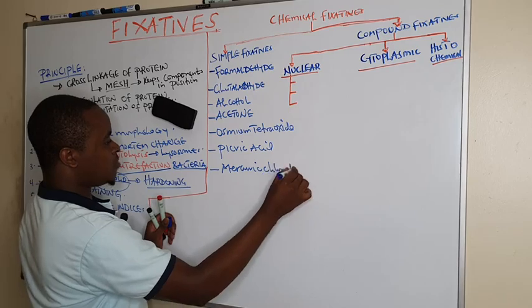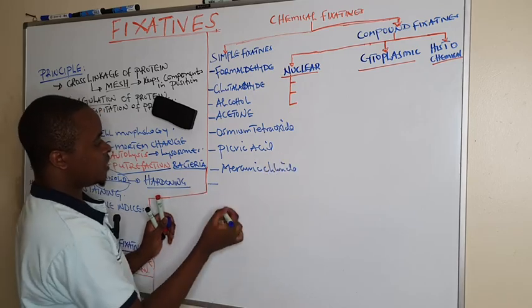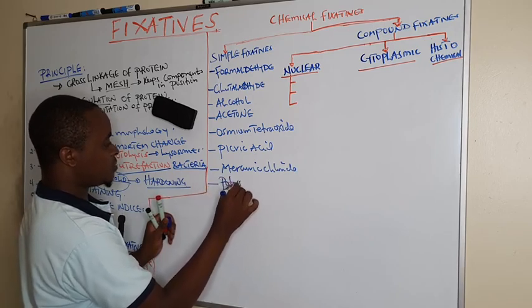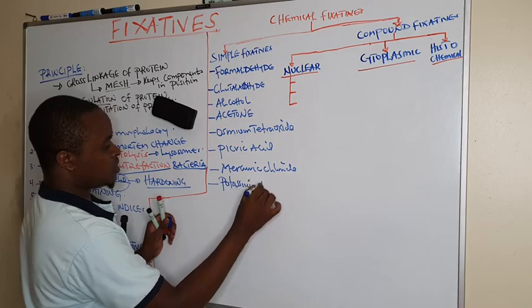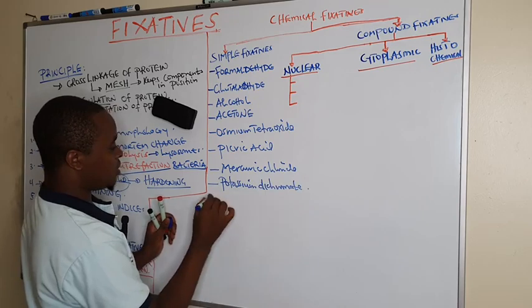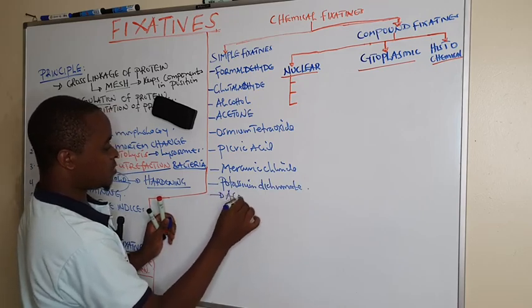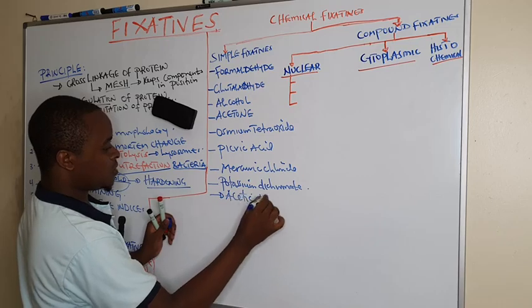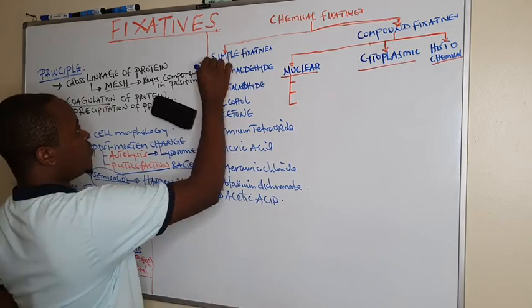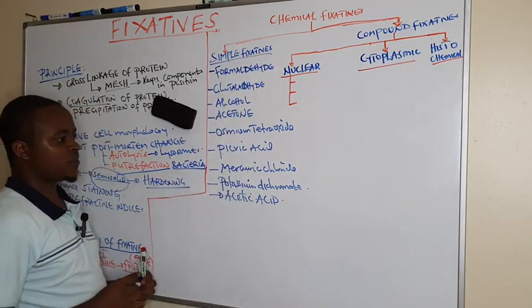Then we have potassium dichromate, and lastly acetic acid. So these are examples of simple fixatives.